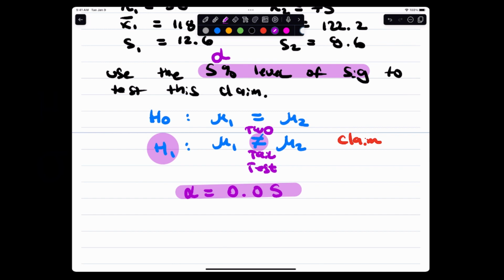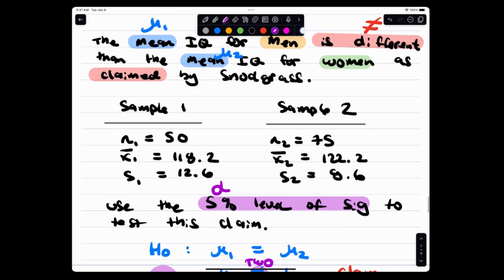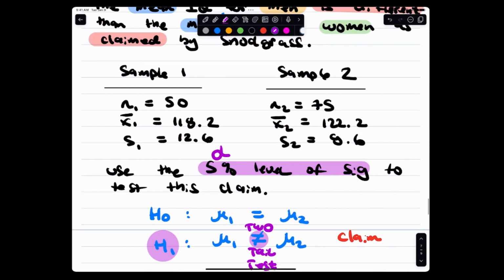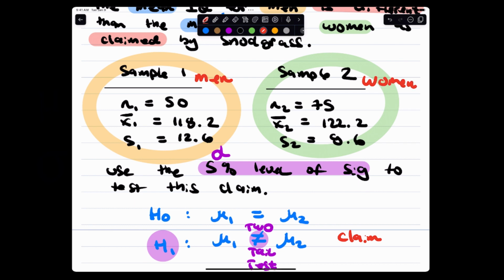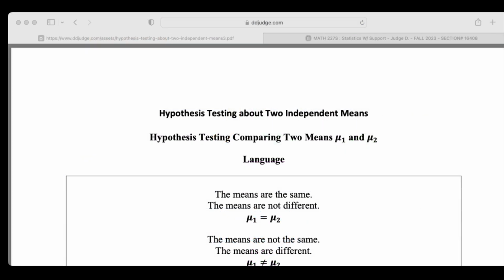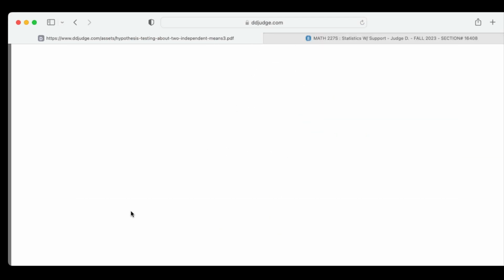Okay. What's the deal with this? The group of men. So this is the men and this is the who? Women. What do we use here? Do you guys know?